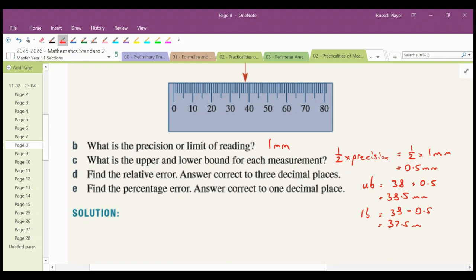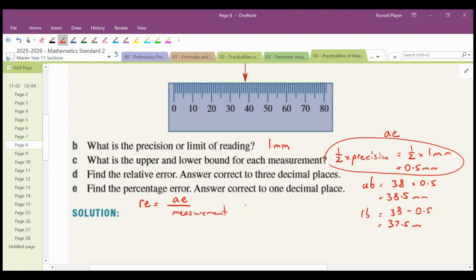Now, relative error, I'm just going to call it RE because I'm lazy, is equal to our absolute error over our measurement. So we've just worked out our absolute error. That's our absolute error.